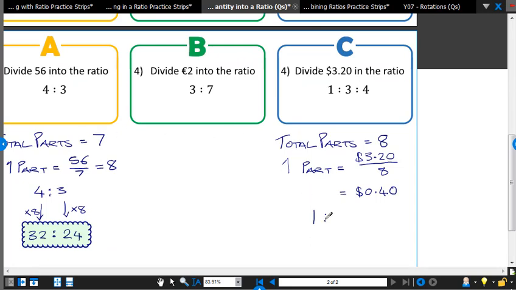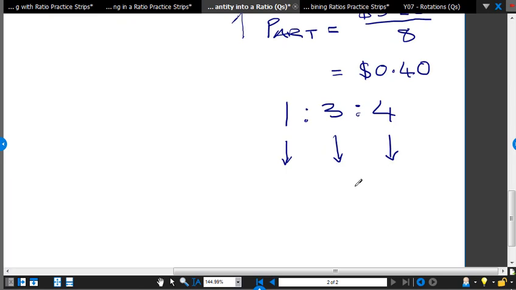So 1 to 3 to 4. And we're going to multiply each one by 0.40.